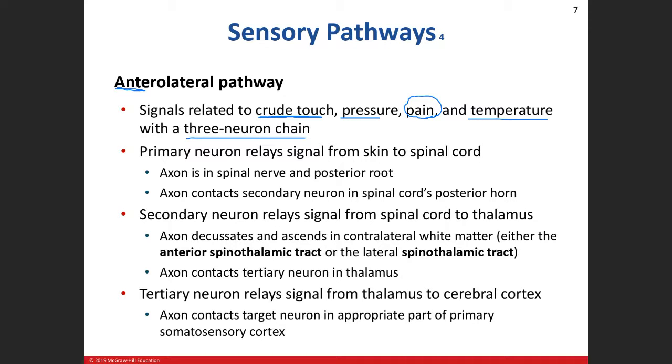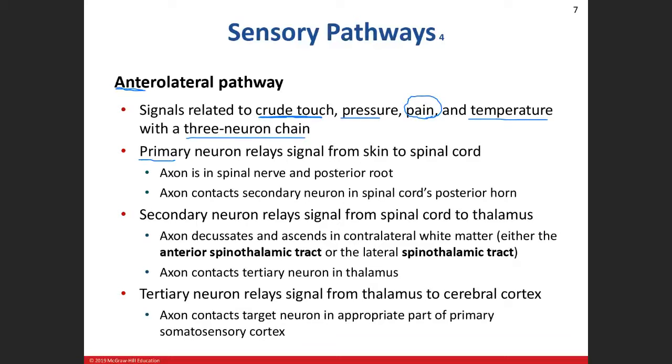So the first neuron, again, all the primary neurons share a similar origin. They're going to originate out in the periphery somewhere, in the skin somewhere. So the same type of scenario is going to occur. We'll use the same example: that same finger goes to touch something.